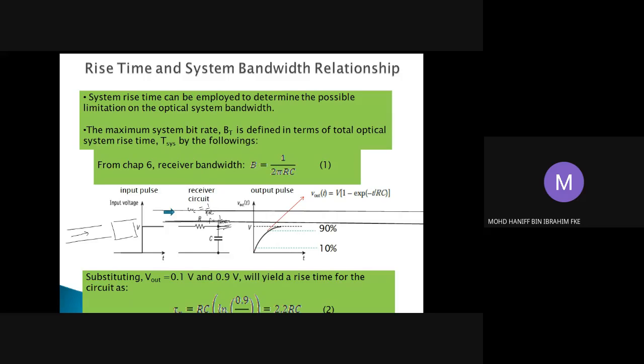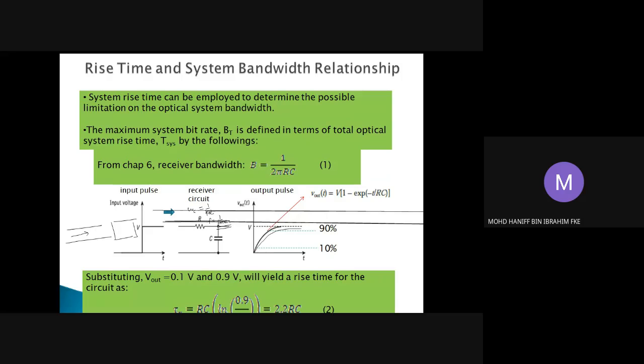When this input pulse passes through the circuit, at the output of the receiver, measured across the capacitor terminal, we can see that the output voltage will look like this. Initially we have a very nice square wave or rectangular function.